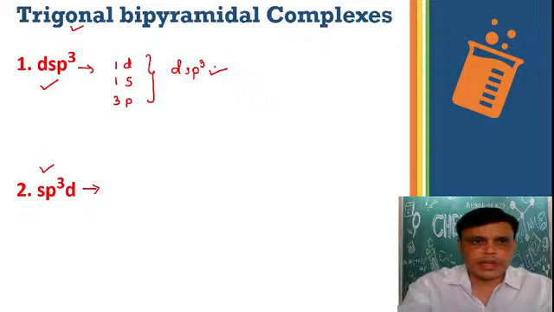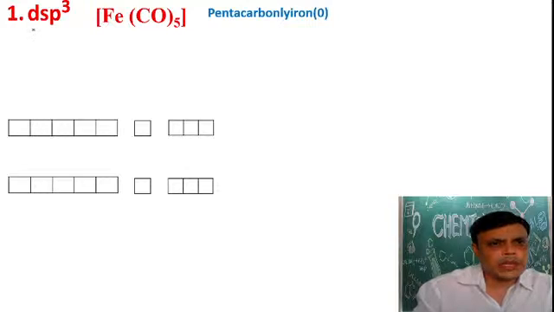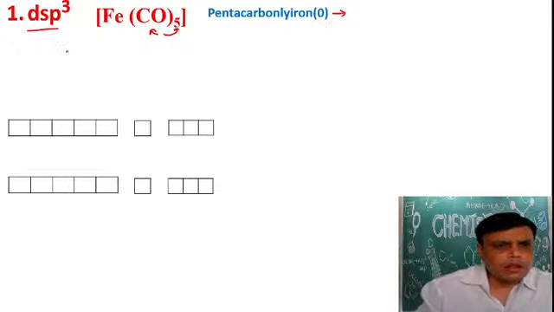This dsp3 hybridization has the example Fe(CO)5, which is a neutral compound. The charge on this compound is 0. The IUPAC name of this compound is pentacarbonyliron(0): carbon monoxide is the ligand, 5 ligands are there, so pentacarbonyl, and the oxidation state of iron is 0. Very simple. First we will start with its atomic number. Fe atomic number is 26.